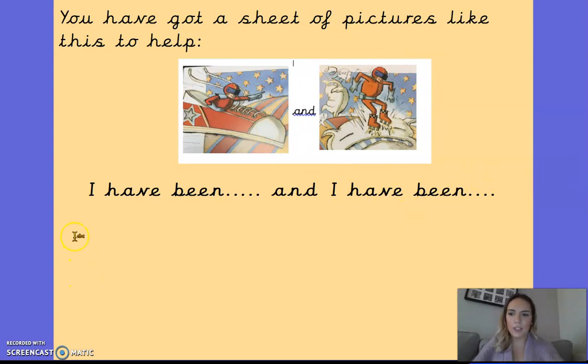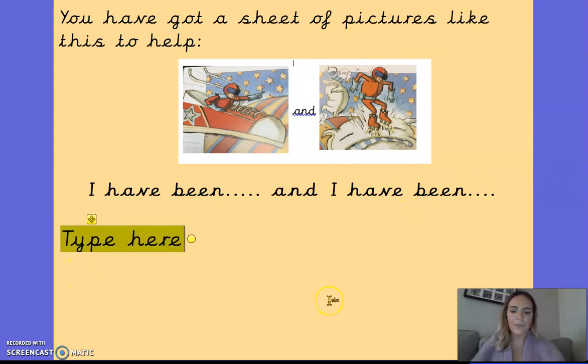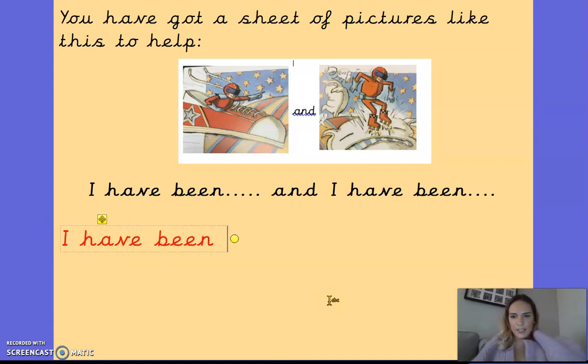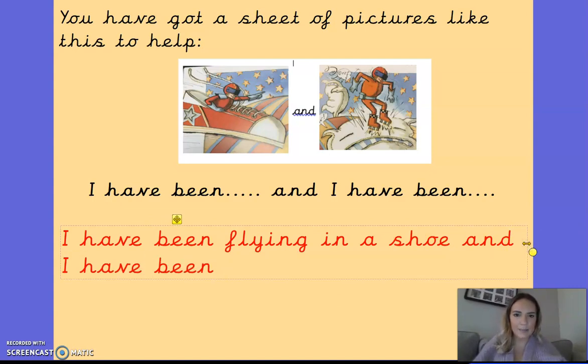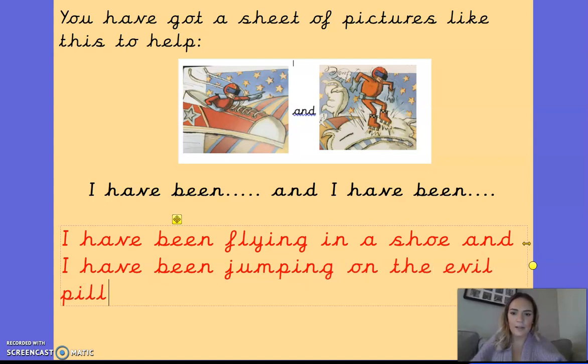So I am going to model to you how I would write my first sentence, and I'm going to do it in red. So, "I have been," what am I doing in that first picture? Flying in a shoe, "and I have been," what am I doing in the second picture? Jumping on the evil pillows.